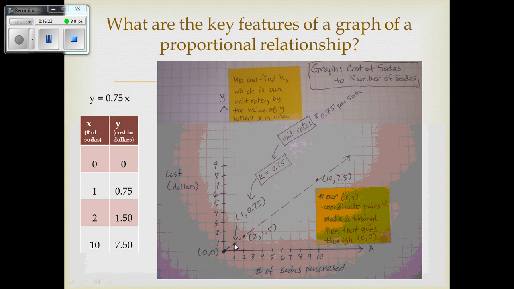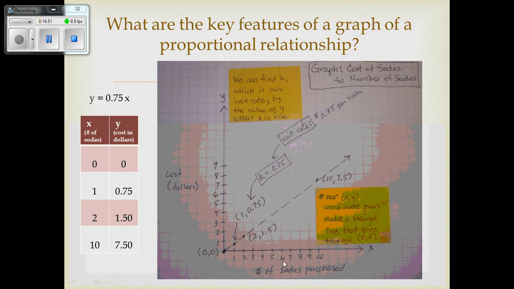I stopped right here about 3/4 of the way to the line that is y equals 1, and I made that dot. For 2 sodas costing $1.50, I slid out here to 2 on the x-axis, and then I slid up to 1.5, which is halfway between 1 and 2 on the y-axis, and I made that dot.